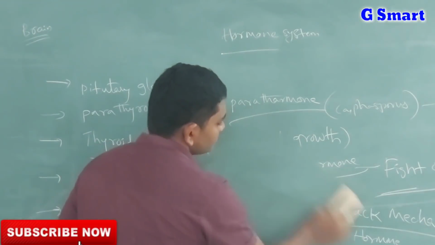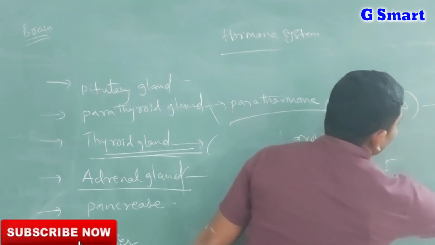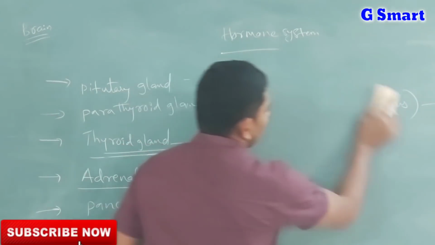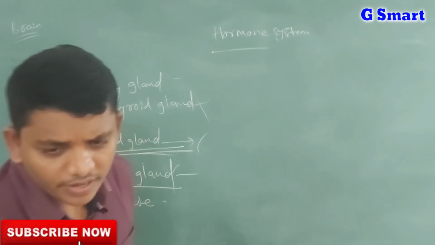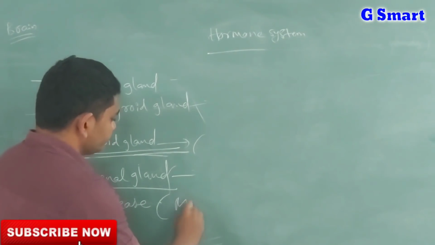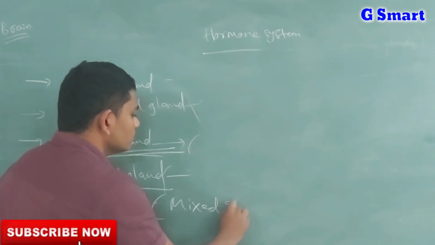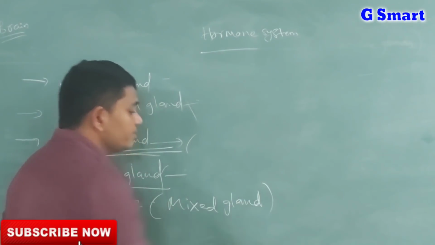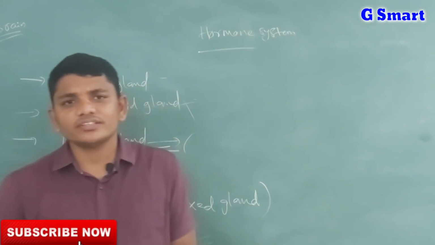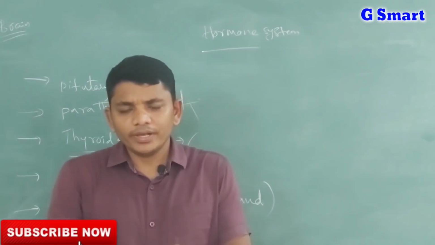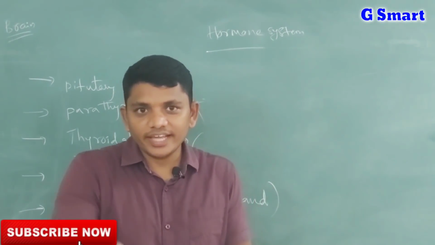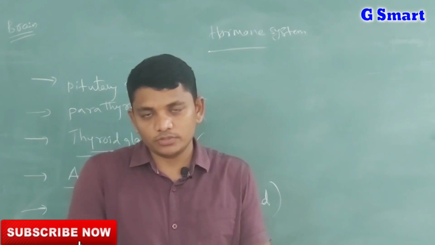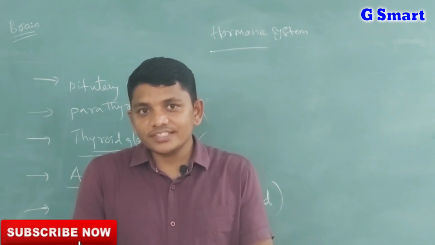Let us discuss the pancreas. The pancreas is a mixed gland. Why is it considered a mixed gland? Because it participates in the digestive system by releasing enzymes, and it also releases hormones.